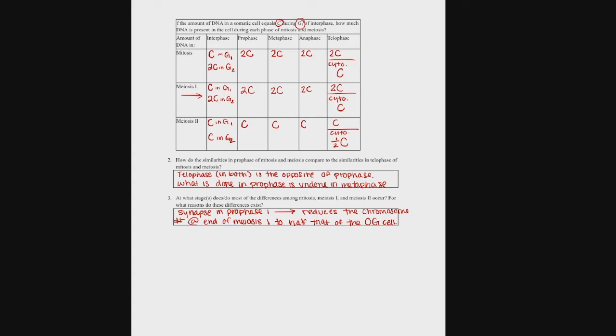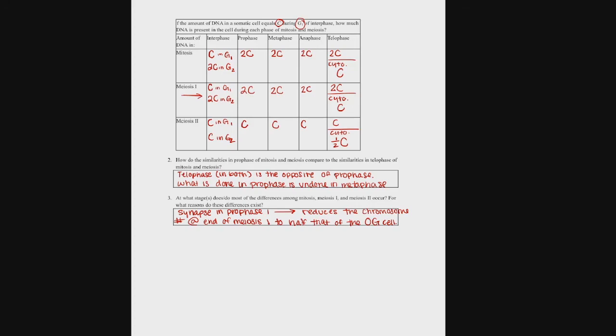Synapse is the crossing. So when we're in prophase 1, chromosomes line up. So synapse is not the splitting of the chromosomes at the plate.